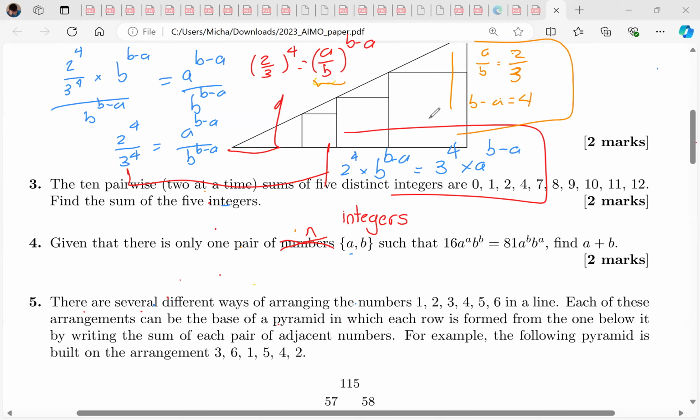And what do you get if you do this? You get 12 and 8. So b is equal to 12 and a is equal to 8. So that's 20. So a plus b is 20.